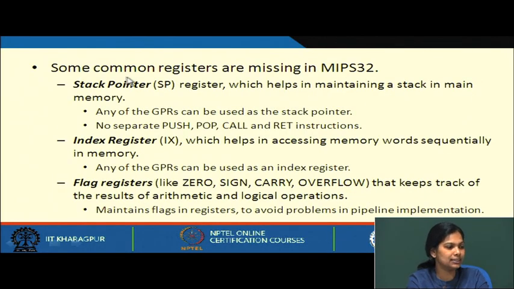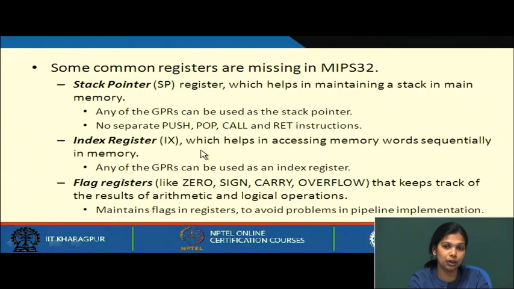Now, these are some common registers that are not present in your MIPS 32. What are those registers? We do not have any stack pointer. We already know what a stack pointer is, which helps in maintaining the stack in main memory, but we do not have any register of such kind in MIPS 32. We do not have any index register as well.